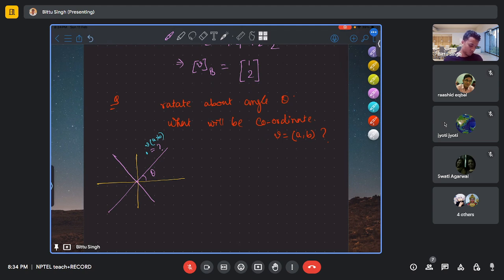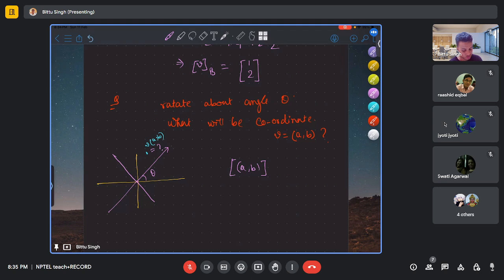It is very familiar that for rotation, the transformation acts on (a, b) to give this element with respect to the new coordinate.